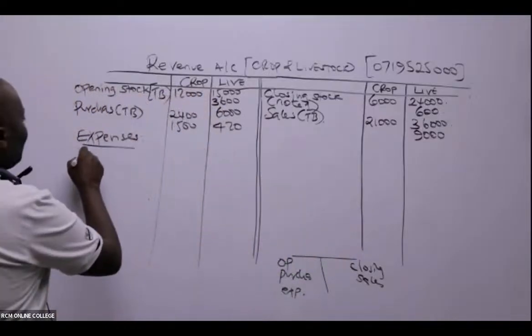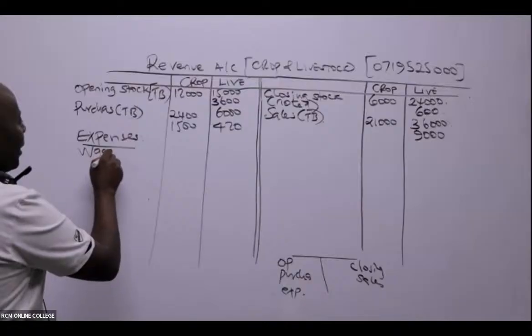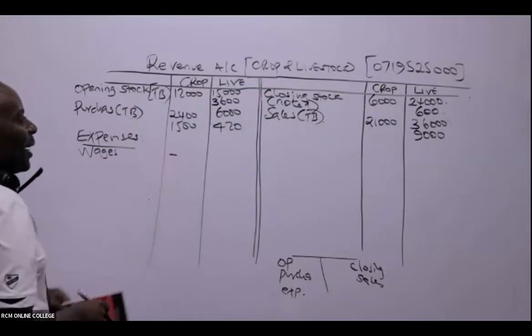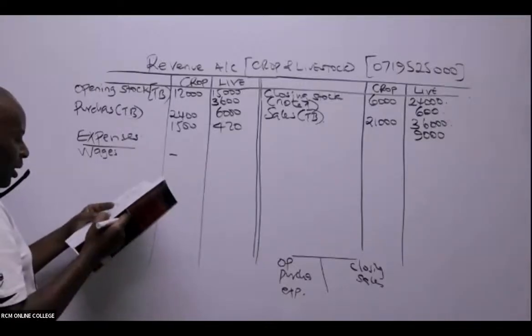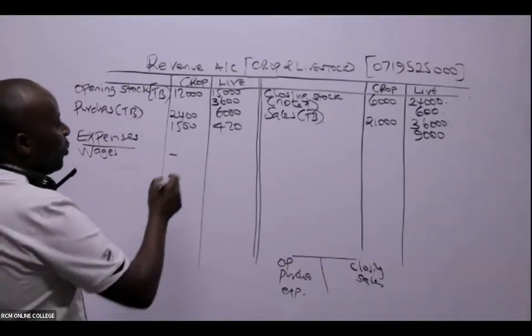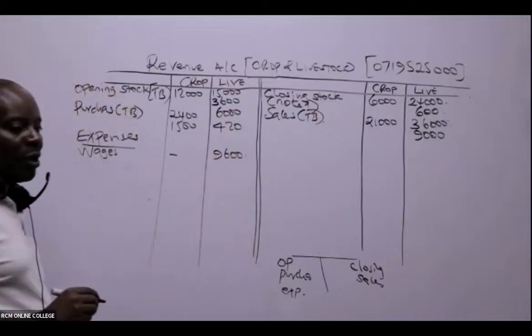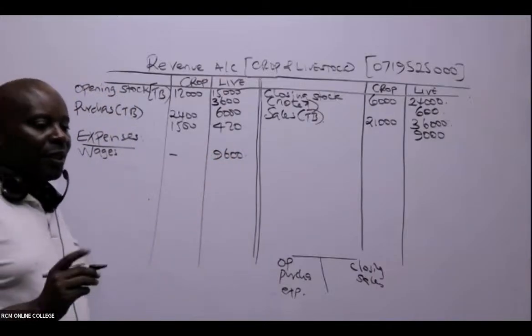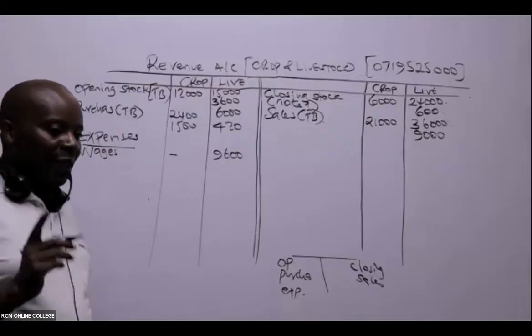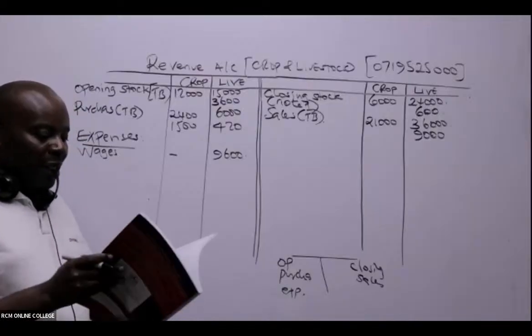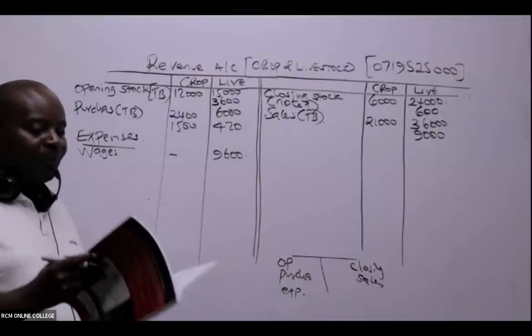I don't have wages for crops, but I have wages for livestock, which gives me 9,600.